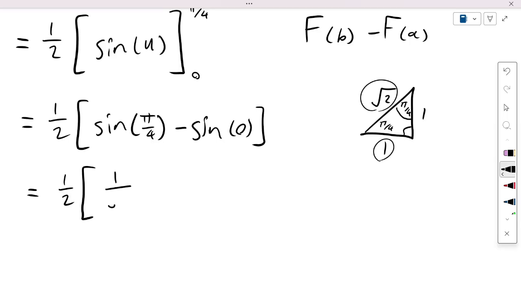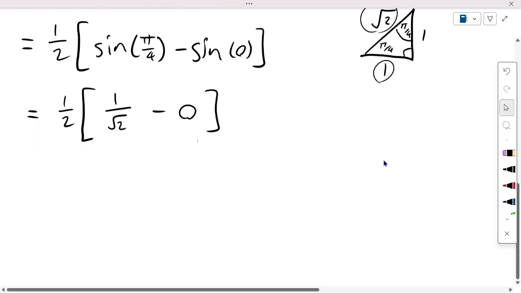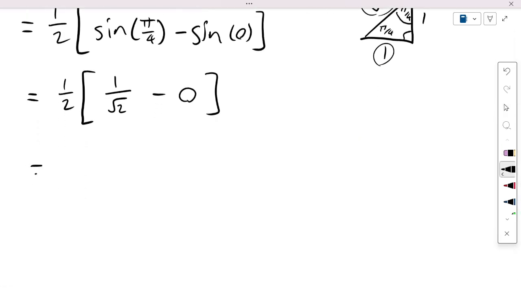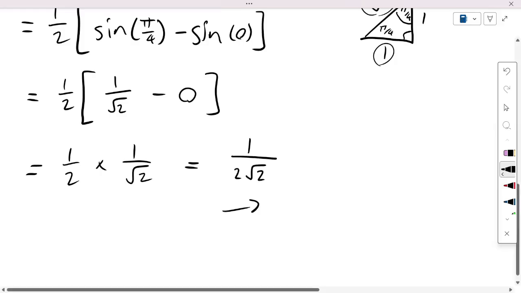Then minus sine of 0, which is just equal to 0 according to our sine graph, because it's at the origin. So we can write this as a half multiplied by 1 over root 2, which gives us an answer of 1 divided by 2 root 2. And that is our answer for this definite integral.